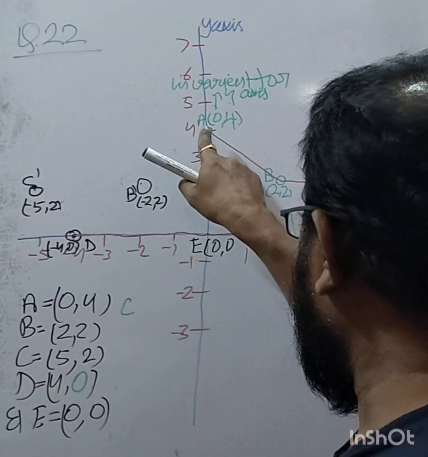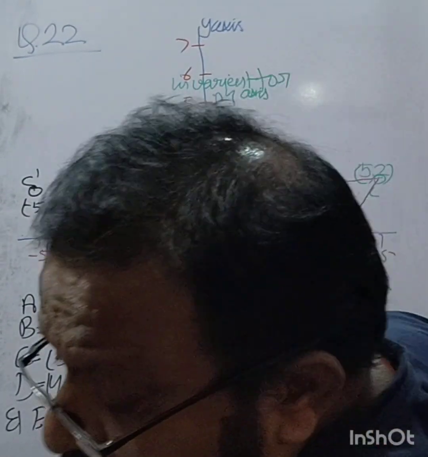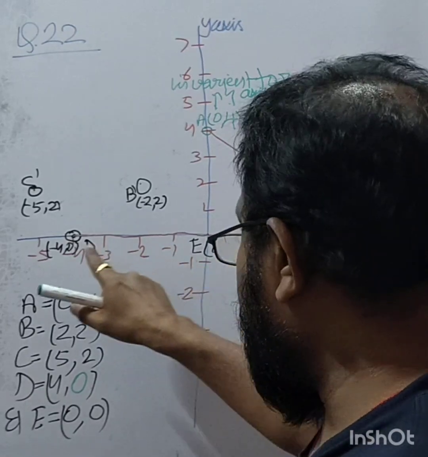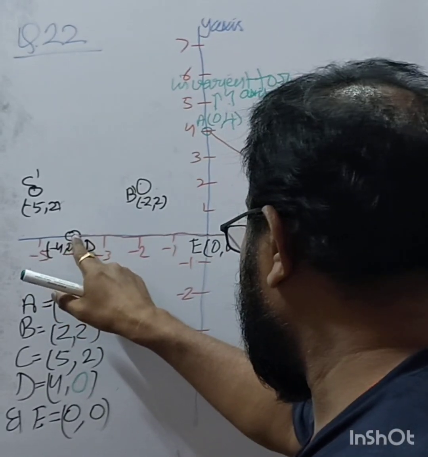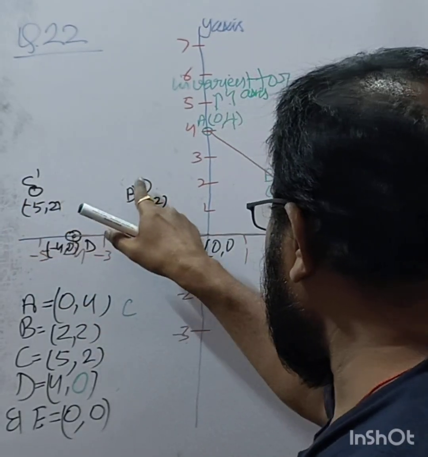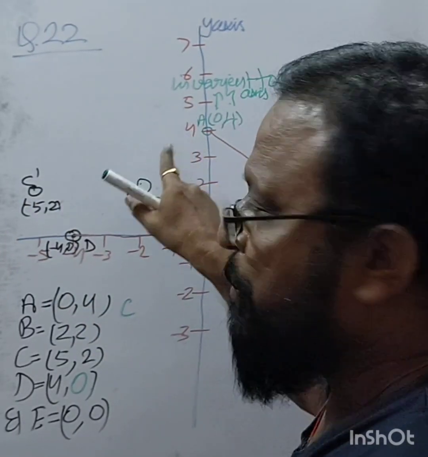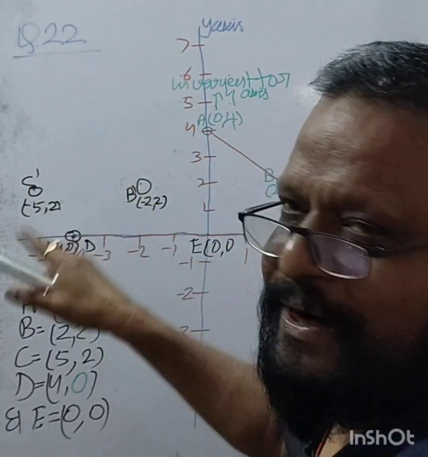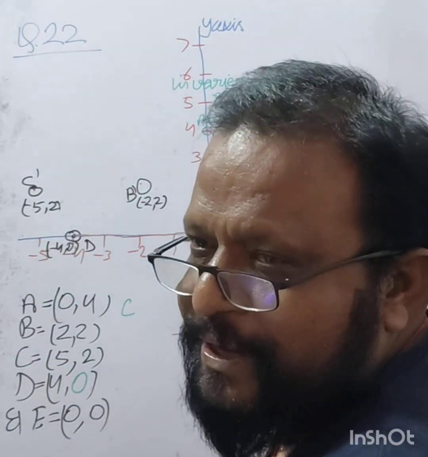When we are coming A, B, C, D, then D dash. D dash, B dash. Then C dash, B, A dash is accepted. But if we go like this, then the figure gets changed.